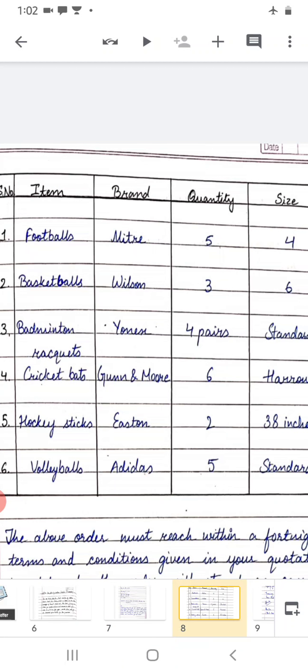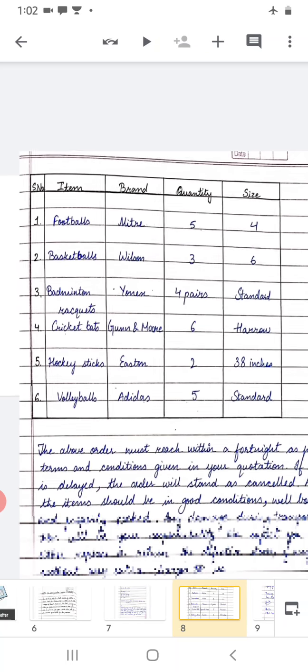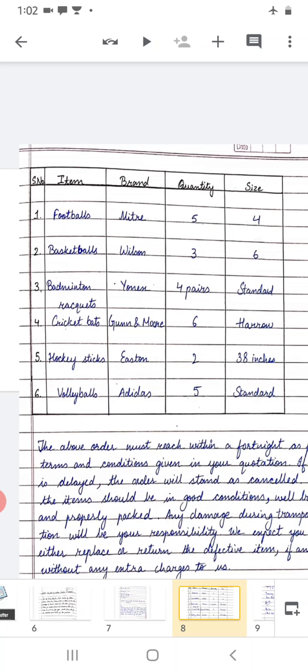Let's come to the second paragraph. In the second paragraph, as I said, we are going to enlist the articles in tabular form. So serial number, item or article, brand or company, quantity or number, and you necessarily need to make at least 4 vertical columns for writing the various details of the items that you are placing an order for.